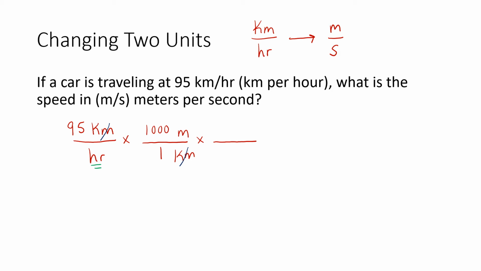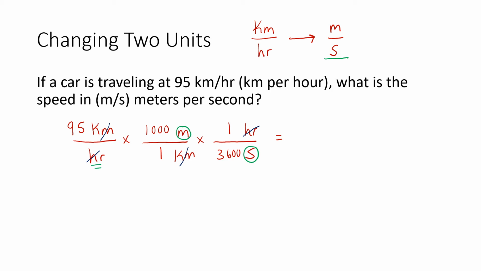But we also want to convert the denominator. Our hours we're going to convert into seconds. So if we put hours in the numerator, so it cancels, and seconds in the denominator, we can say that 1 hour is 3,600 seconds. Now our units of hours will cancel on the top and the bottom, and we'll be left with meters over seconds, which is what we were trying to work towards.